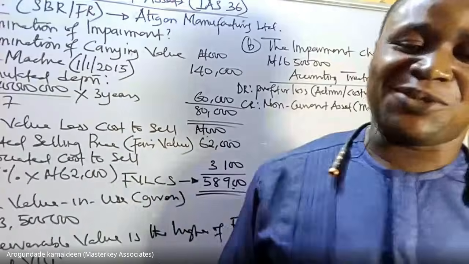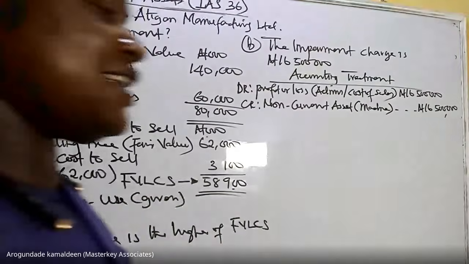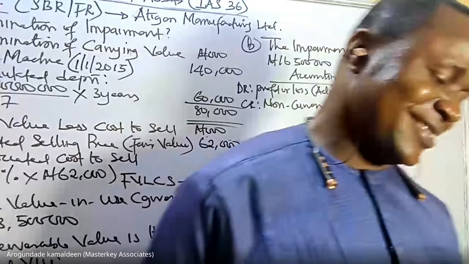Yes, sir. In a situation where the recoverable value is higher than the carrying value. Thank you. That is good. Now, some people would have said that should be an impairment gain.